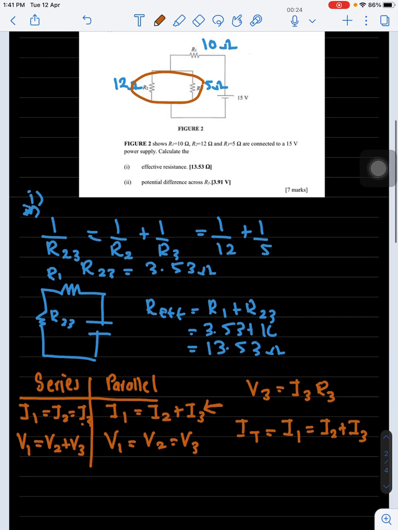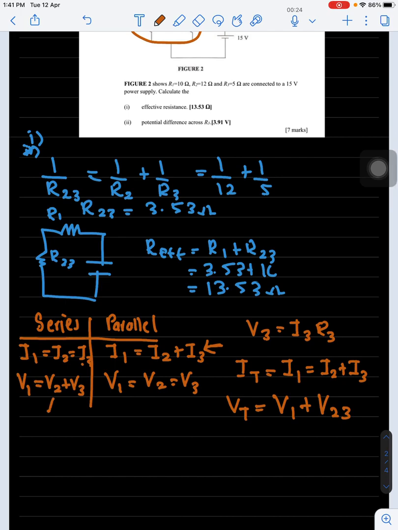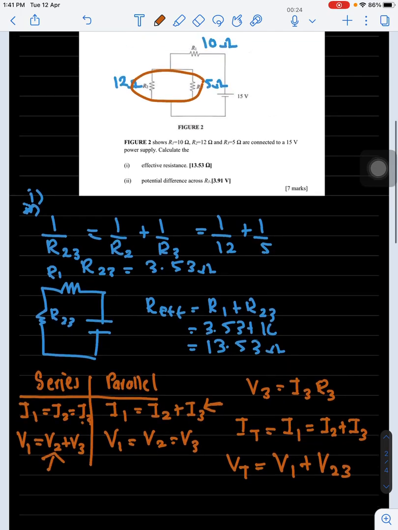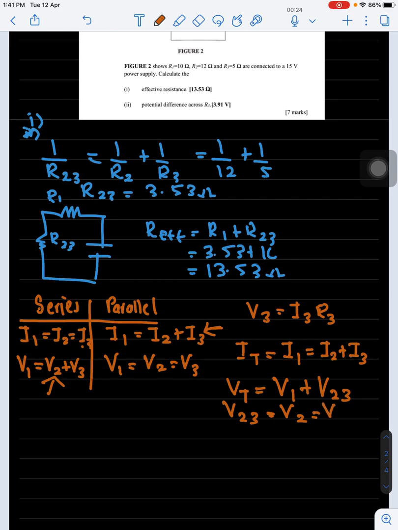Okay, the next step, we do the voltage. Voltage total equals V1 plus V23, because R1 and R23 are connected in series. Okay, so R2 and R3 are connected in parallel, meaning that V23 equals V2 equals the voltage across R3 also.